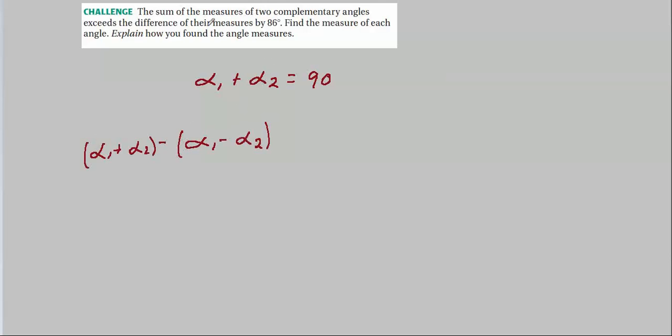They're saying that the sum, that's this, exceeds the difference. That's the difference. And what does it mean to exceed? 5 exceeds 2 by 3. It just means that 5 is 3 more than 2. So that equals 86.